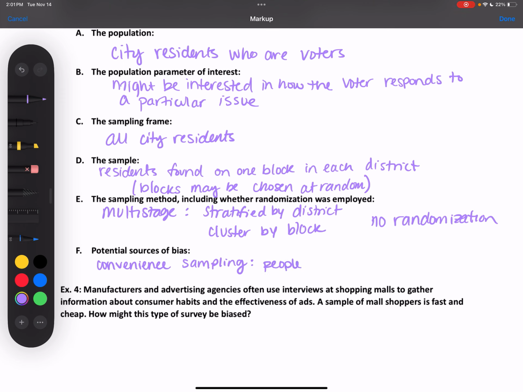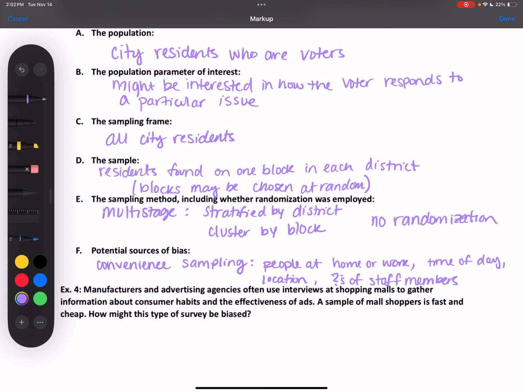So again, people at home or at work. Time of day. The location, because we don't know enough about, is it an apartment? Is it townhouses? Is it condos? Is it regular houses? You don't know. And then potentially the questions of the staff members that are asking them.